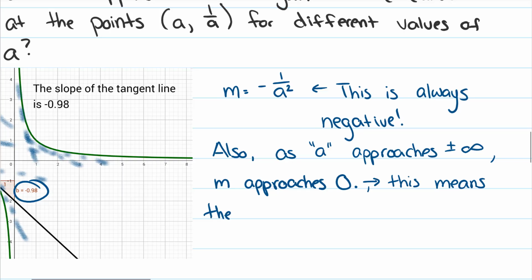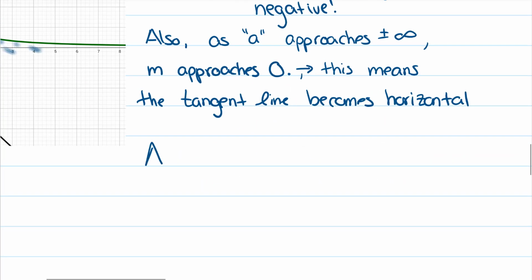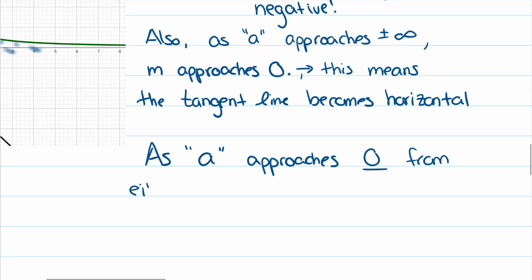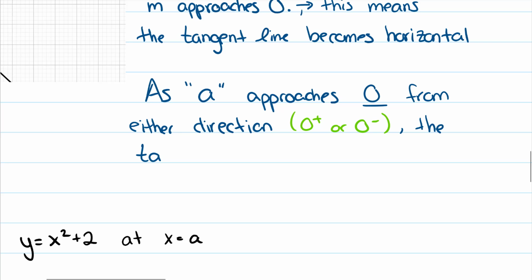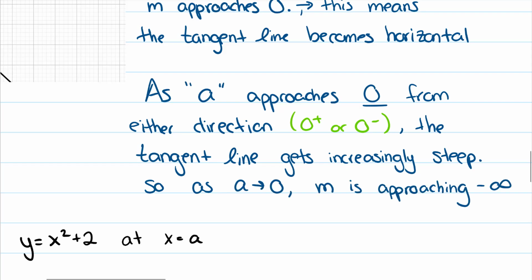Also, as a approaches plus or minus infinity, m approaches 0. This means that the tangent line is becoming horizontal. As a approaches 0 from either direction, 0 from the right or 0 from the left, the tangent line gets increasingly steep. So as a approaches 0, m is approaching -infinity.